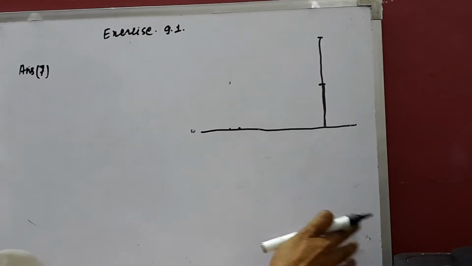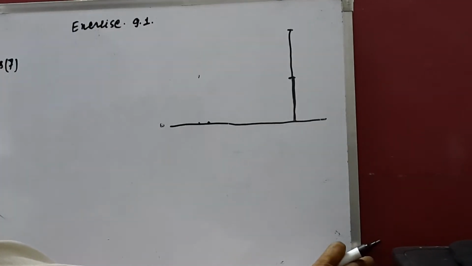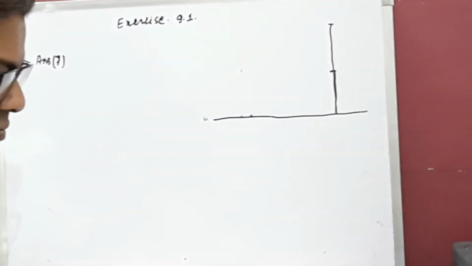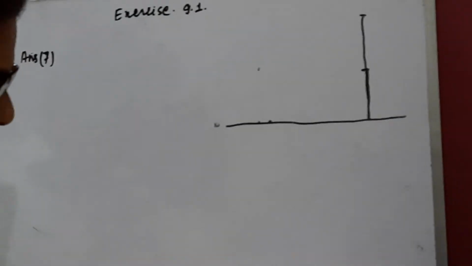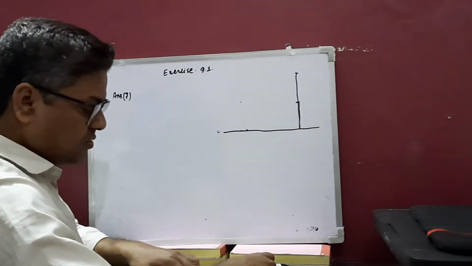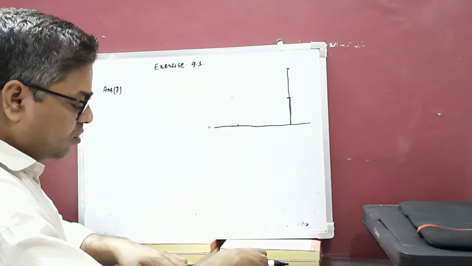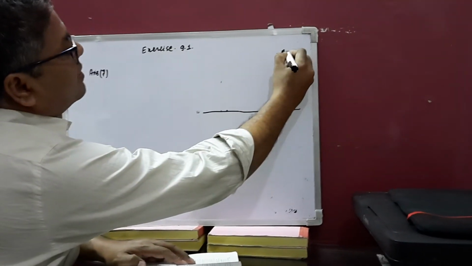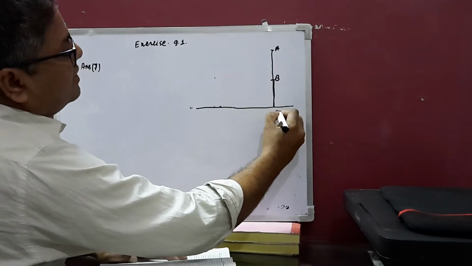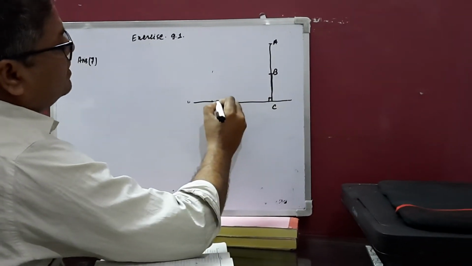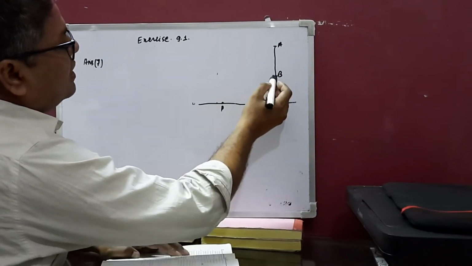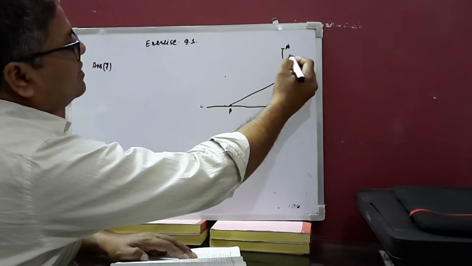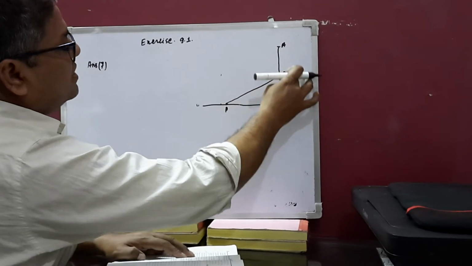From a point on the ground, the angle of elevation of the bottom and top of a transmission tower, this is A, B, C, and this is point P, and this is the bottom of the transmission tower, and AB is the transmission tower.